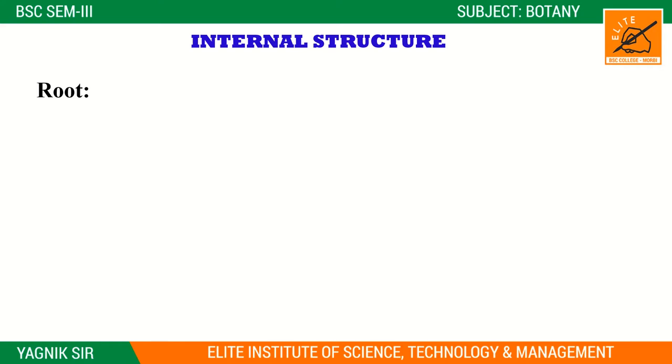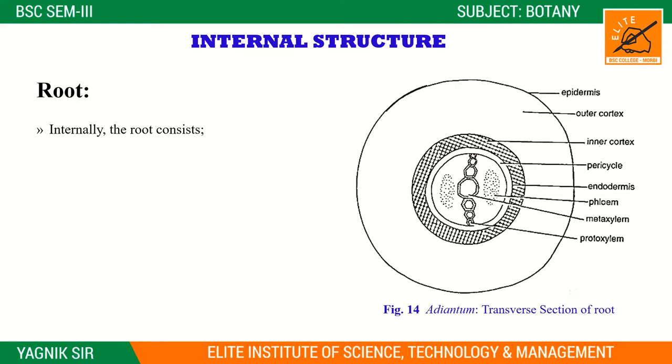These rings are present in the internal structure, and sometimes the hypodermis layer is absent, right? So we can see which type of internal structure is present in the root system. Normally this is the structure of the root.